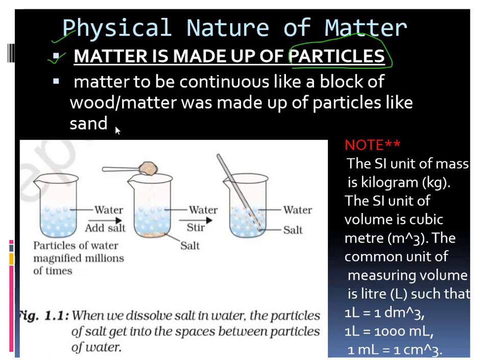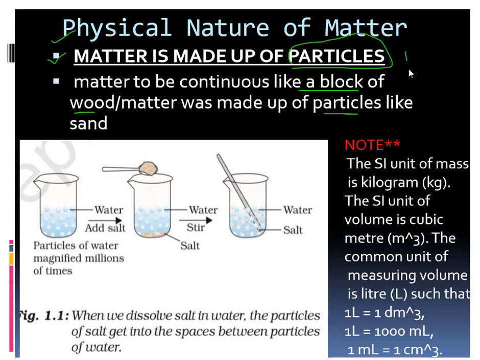Earlier, when it was not yet discovered that matter is made up of particles, some scientists believed that matter is made up of blocks of wood, and some scientists believed that it is made up of particles like sand.